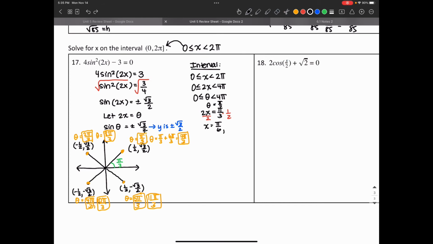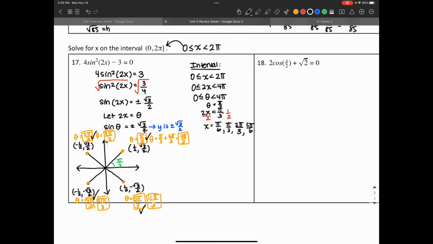So I start at pi over 3, took care of that one. Then I'm going to do 2 pi over 3, so I actually have 2 pi over 6, which simplifies down to pi over 3. And then I'll have 4 pi over 3, so 4 pi over 6, which is going to simplify down to 2 pi over 3. And then I'll go to 5 pi over 3, which is going to be 5 pi over 6.